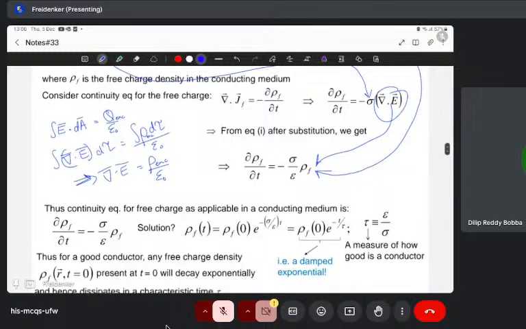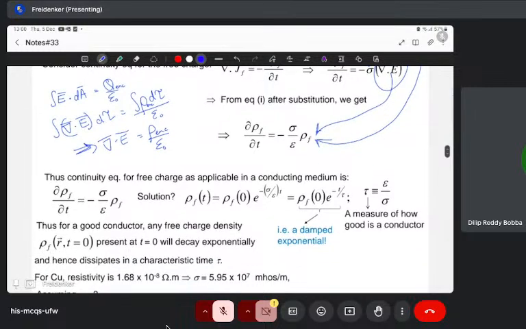What do you get from this? Thus, continuity equation for free charge. Okay, so if you solve this, you'll get something like this. So what does this mean? It means as time progresses, the volume charge density is decreasing, right?